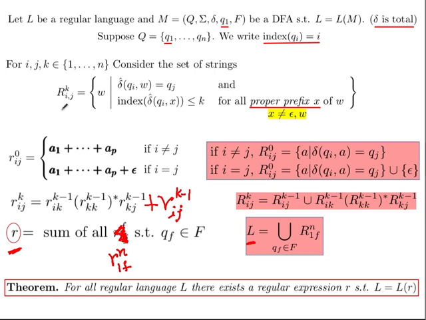So given any regular language, we can construct a DFA accepting that language, and from that DFA we can construct a regular expression recursively, using this as the base case and this as the recursive step to construct all R_ij^k for k up to n. Then we take the sum, and that sum is the regular expression for the language L.